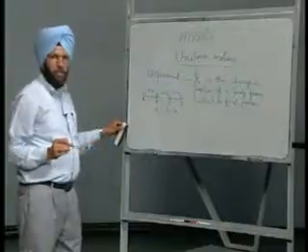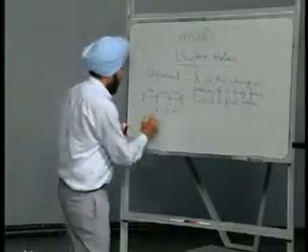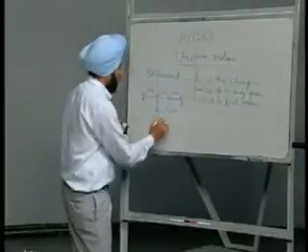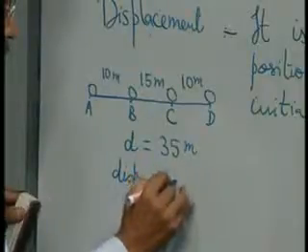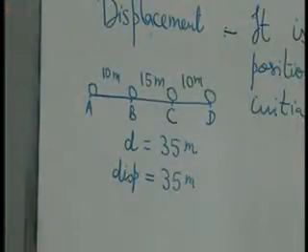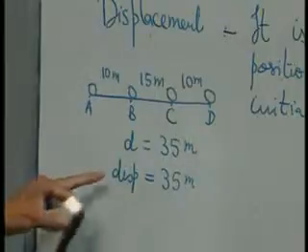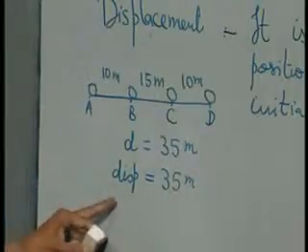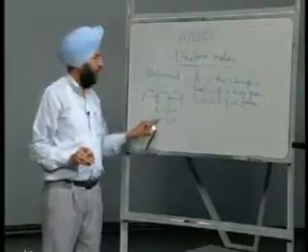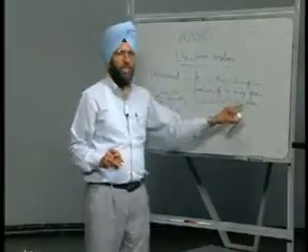What about displacement? Magnitude of displacement is also 35 meters, but description of displacement is not complete till we add a direction from initial to final position.